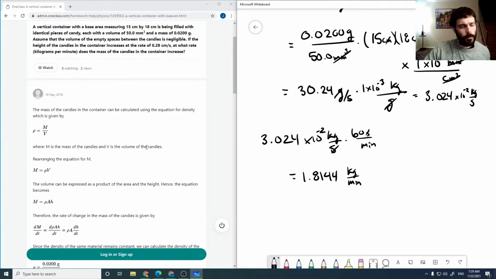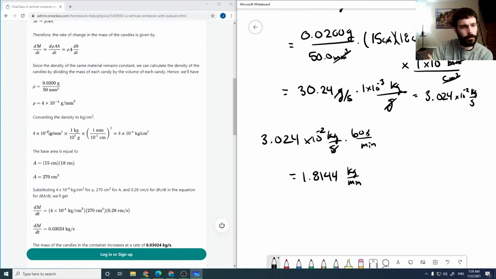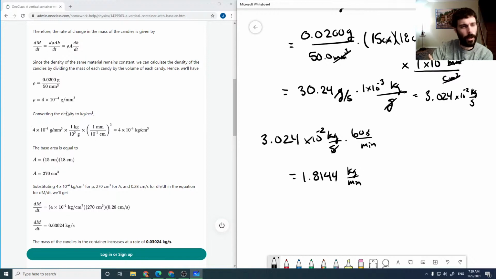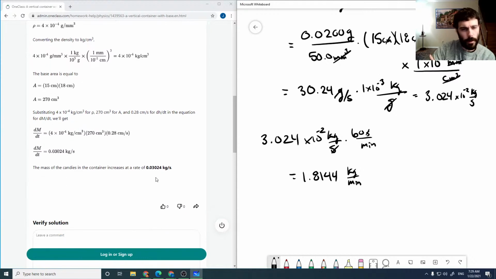All right, looking at the solution here, we can define a density, and then we get our change of mass with time, putting in the values. Wait, what? Oh, 0.3024 kilograms per second.